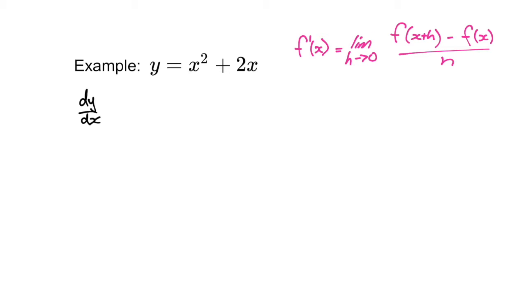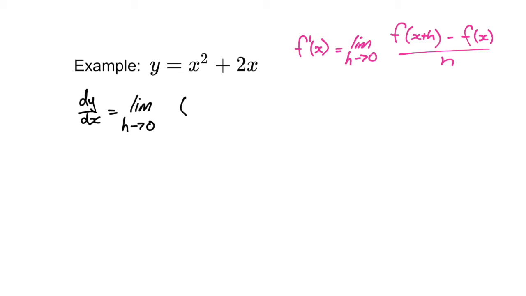Now I can continue writing in my formula, which is going to be the limit as h tends towards 0. Now our function of x here, f of x, is this part here. What we need to do is input it as our x plus h.